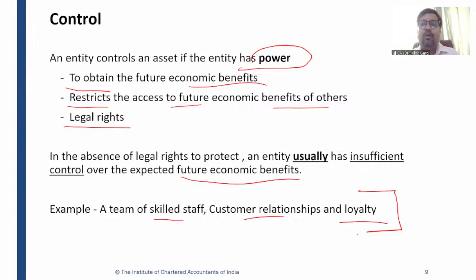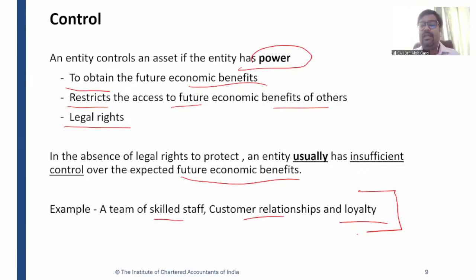The company cannot stop the employee from resigning, and the company cannot tell the employee that whatever training I have given to you, don't use this training in your next job. Whatever skill set this employee has gained in this organization, he will use in the next organization, right? So the other organization will also get the benefit out of the training given to this employee in the current organization, right?